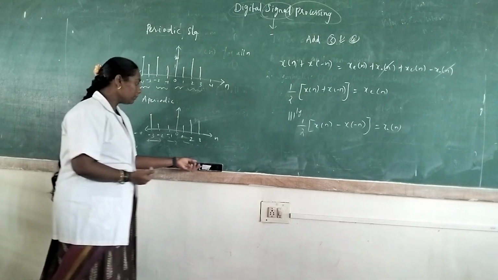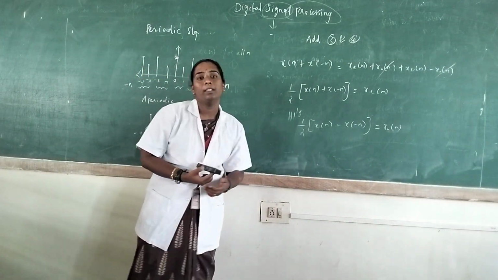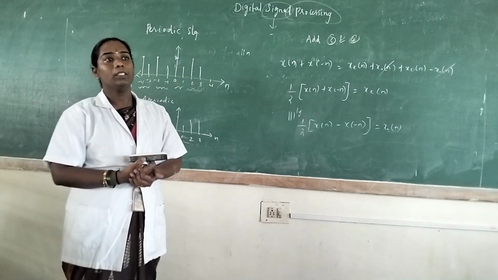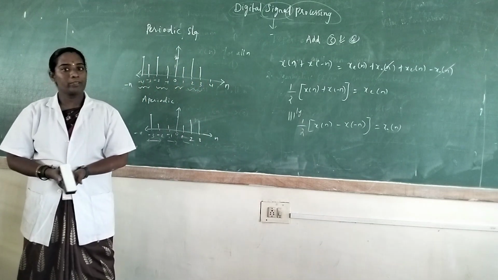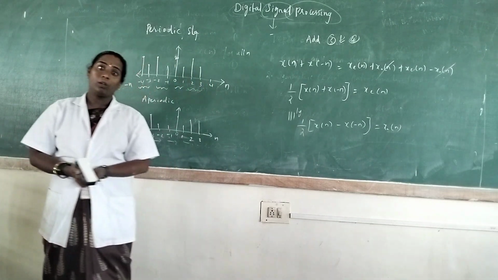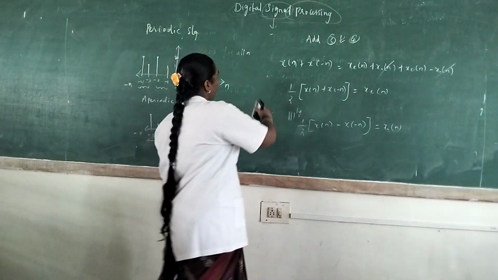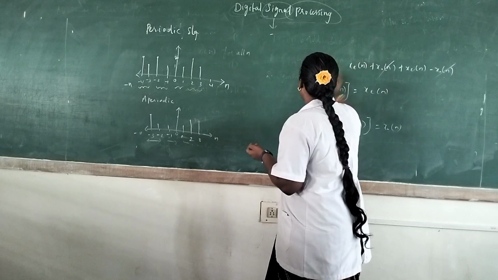Right? Then the last type of signal is your energy signal and power signal. A signal can be either an energy signal or a power signal, or neither an energy nor a power signal. So here is the formula to find the energy signal.